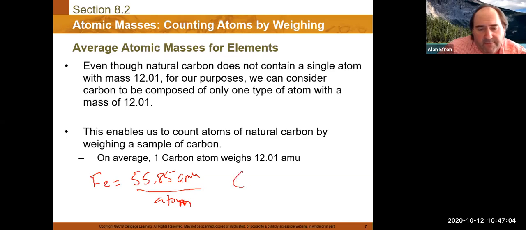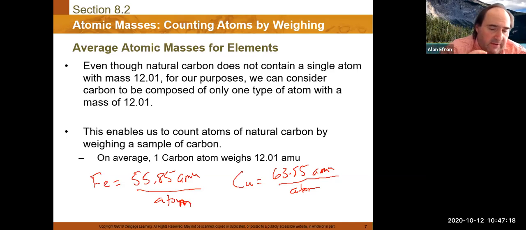If you looked at copper on the periodic table, it is 63.55 AMU per atom. And again, we could really use these as conversion factors. We could use 55 AMU per atom on top. We could also flip it around and use it for a calculation where we need the atoms on top and the AMU on the bottom.